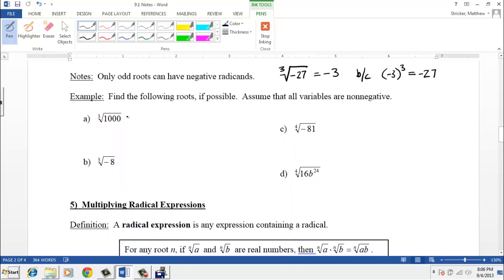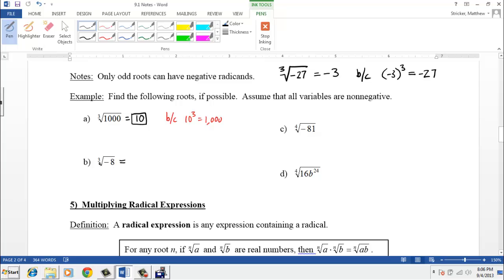So if we look at some of these other examples, the cube root of 1,000 is going to be 10. This is because 10 cubed equals 1,000. Hopefully that makes sense. What would the cube root of negative 8 be?